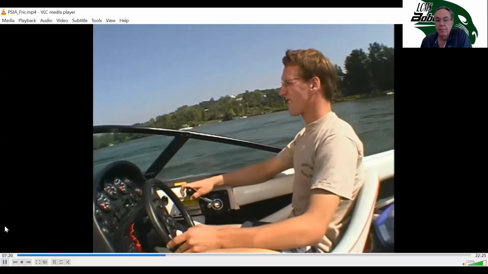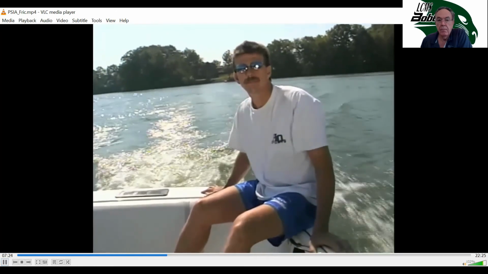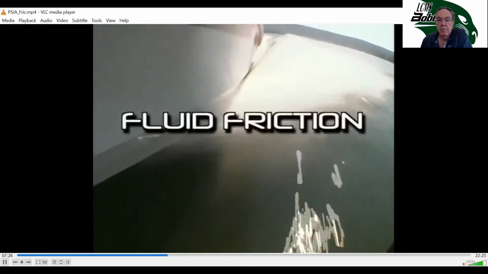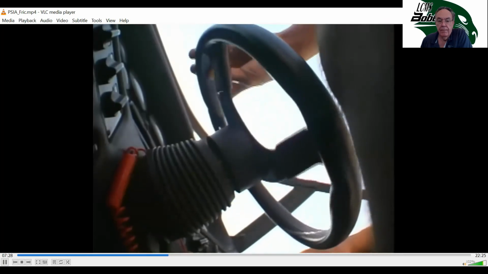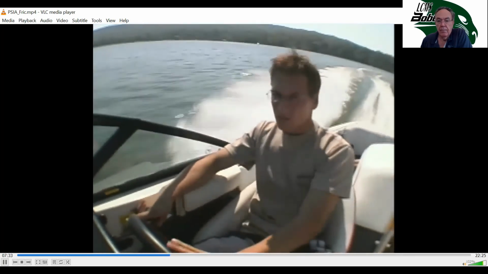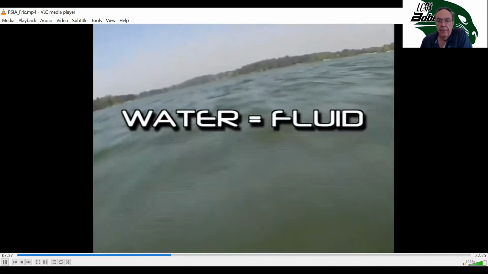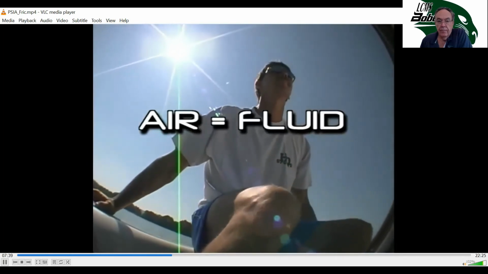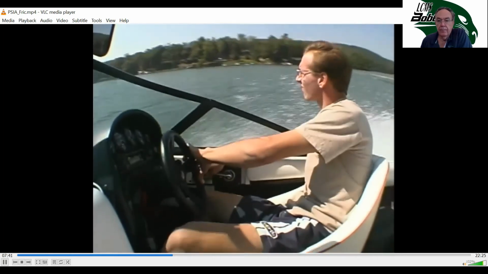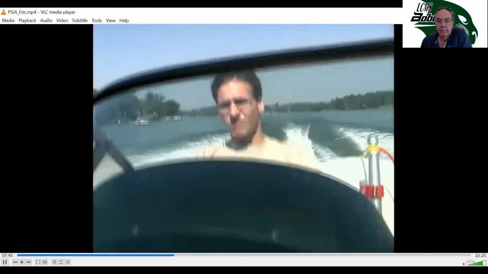Contact between solid objects, but it also applies to things that aren't solid, and this is called fluid friction. I can't think of a more fun way to show it than in the sport of water skiing. We know water is a fluid, but actually, so is air. A fluid is any substance that can change shape very easily and move around other objects.